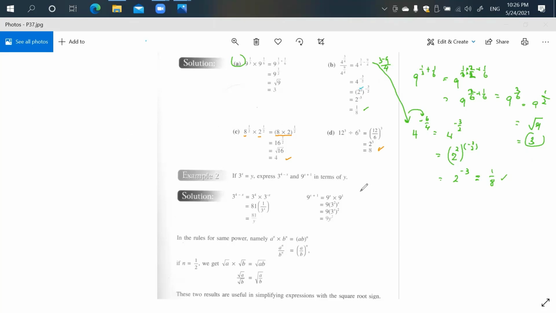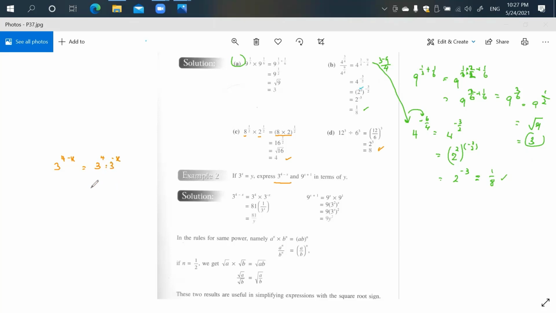We have to expand this one, 3 to the power of 4 minus x, and simplify it. From the formula, it becomes 3 to the power of 4 times 3 to the power of negative x.